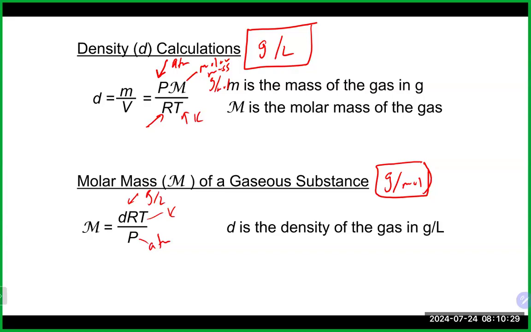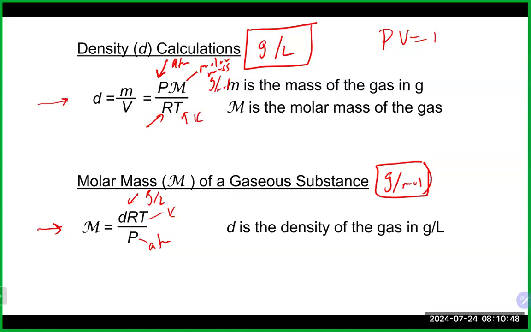This is the way you could calculate either the density of a gas or the molar mass of a gas. If you don't want to add two more equations to your list of things to remember, you really could still get to these through the ideal gas law.